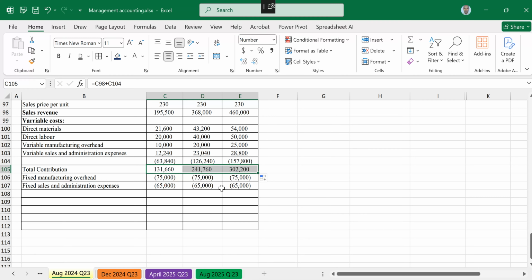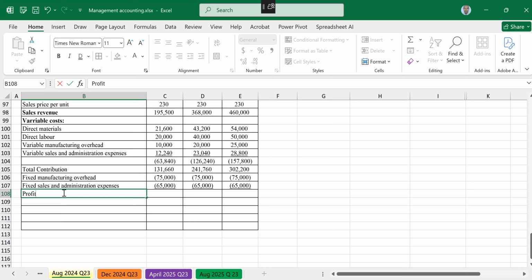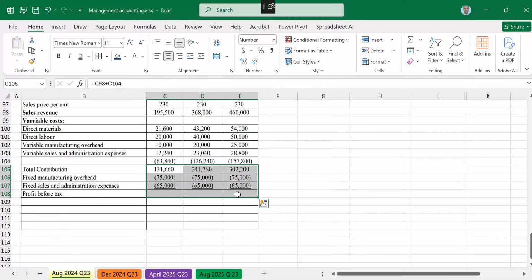Now what is our profit before tax again? Profit before tax. Sum this, Alt equal. Profit before tax. It changes. Then now income tax expense.